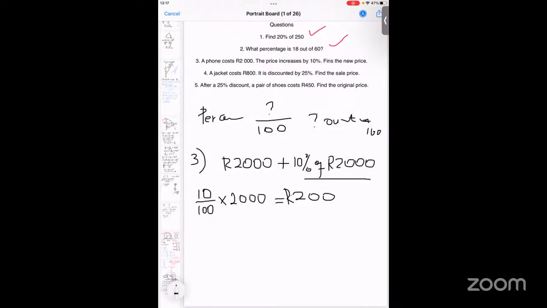So it means the new price will be that price increased by 10%, which is 2,200 rands. So that would be the new price where that 2,000 has been increased by 10%.